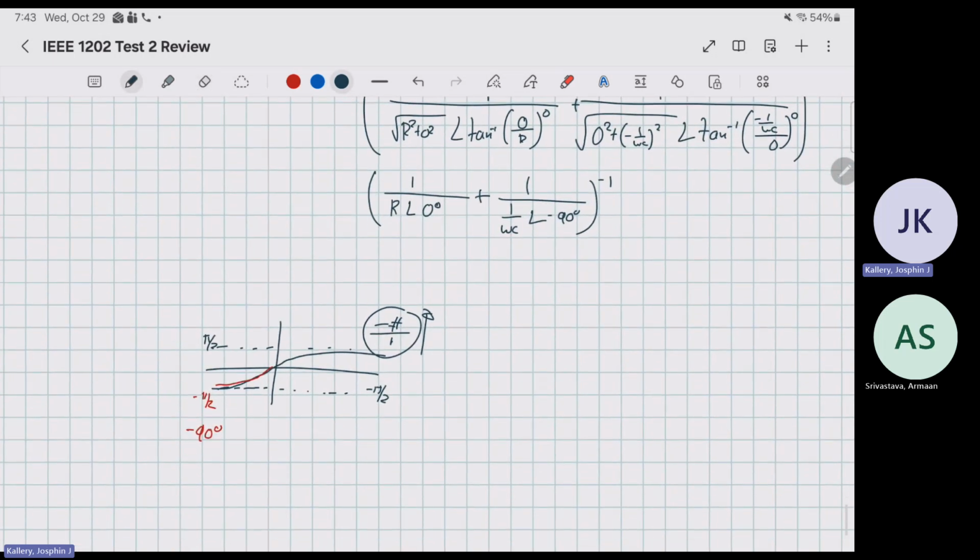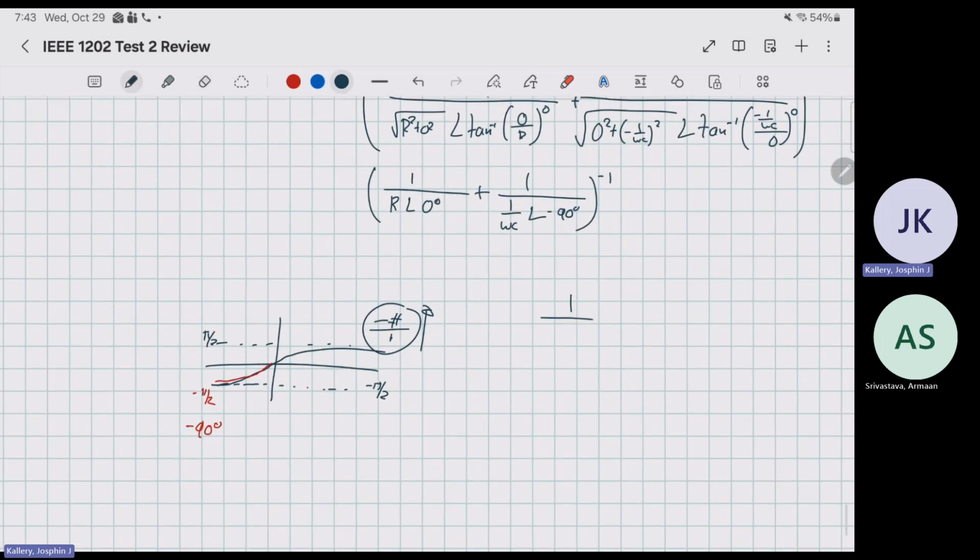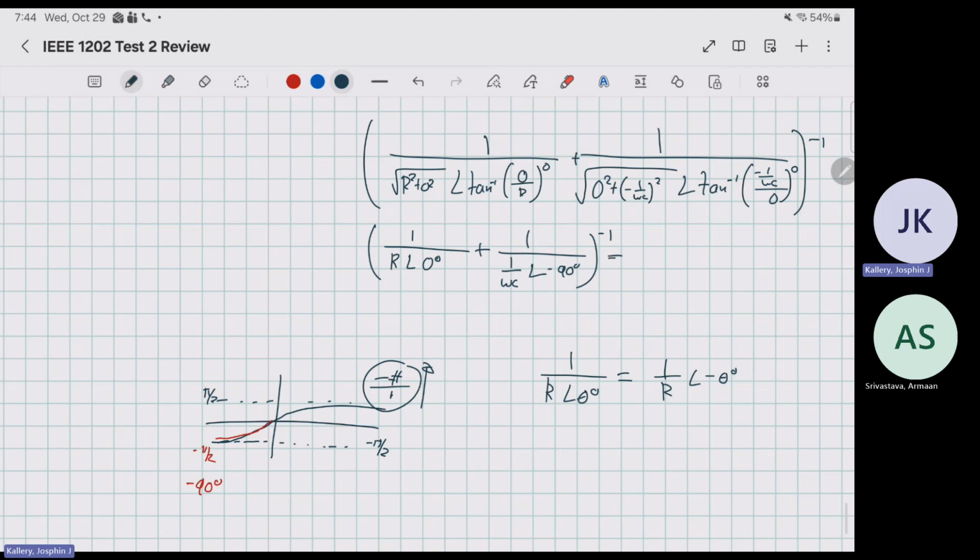Now, if you flip a phasor, it's the same thing as doing 1 over r, negative theta. So that's exactly what we're going to do.